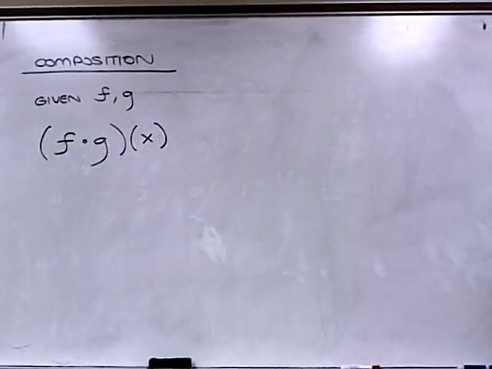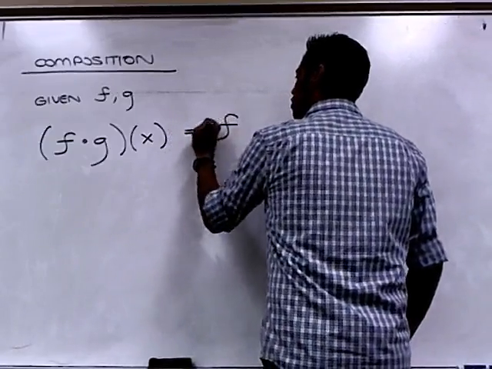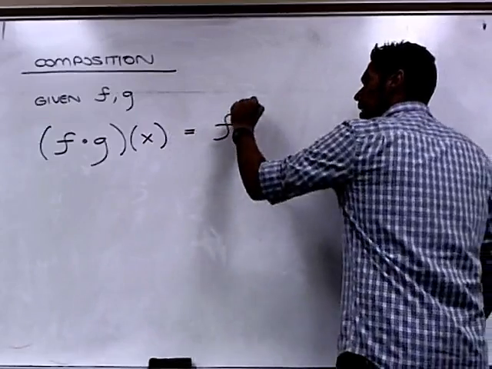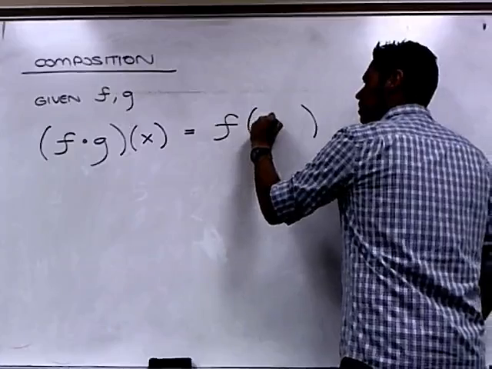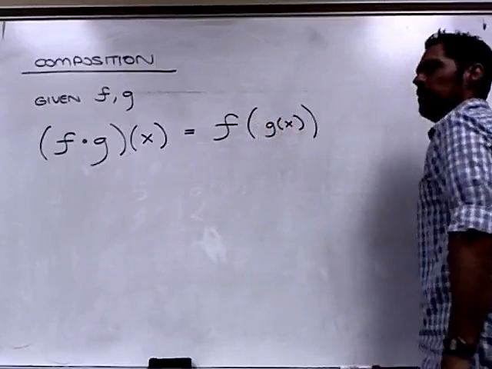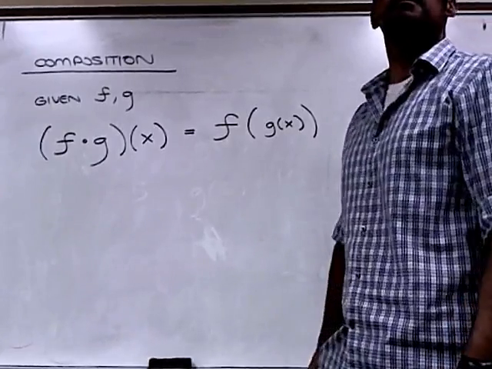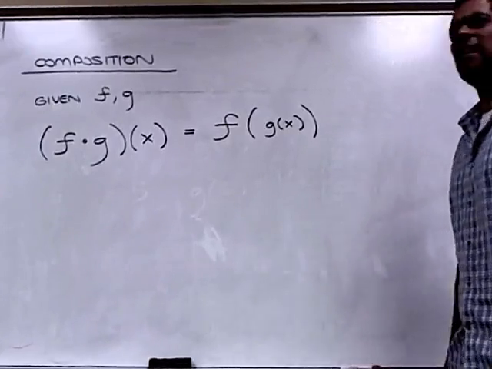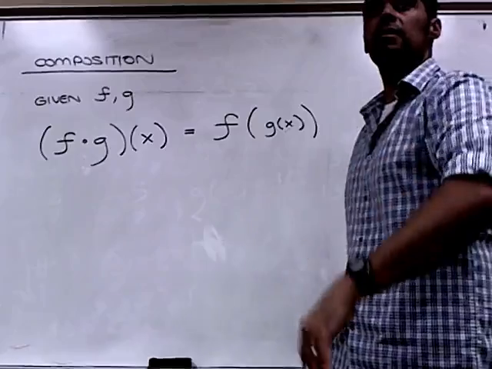That is the symbol for composition. And here's what it means. It means you're going to take the f function, and inside of the f function, instead of putting x, you're going to put the entire g function inside of the f function. It's a really long equation. We'll see how it works. It depends on the functions themselves, how long it is.